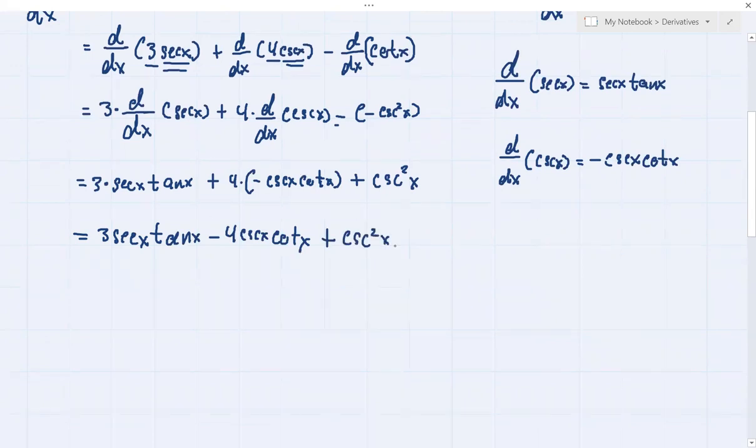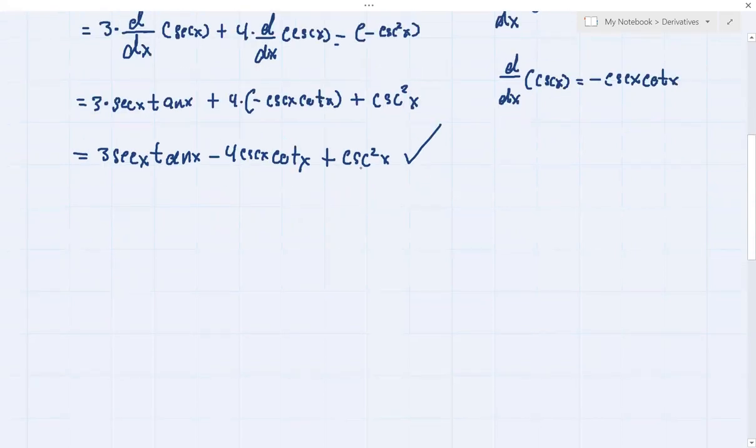So, for me, this is my final answer na. Or, pwede pa natin itong i-simplify. Gawin natin itong lahat naka sine or cosine function. Pwede rin naman. Okay? Because for me, that's my style in simplifying.